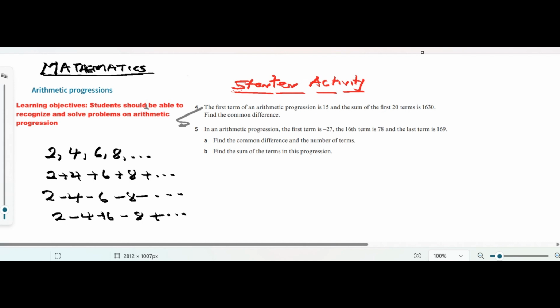If you look at the sequence I gave here, the common difference is 2.